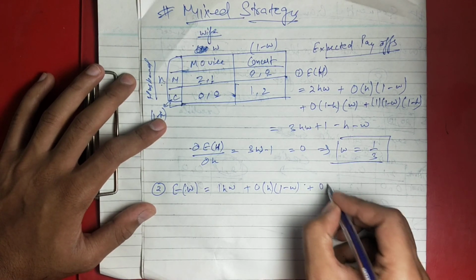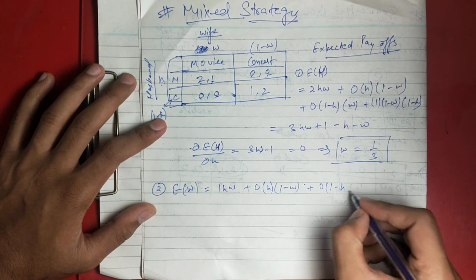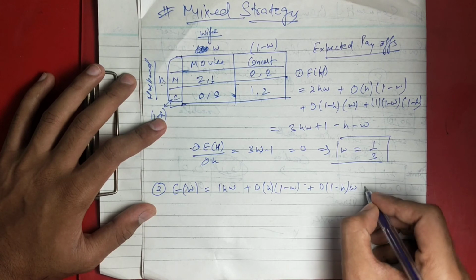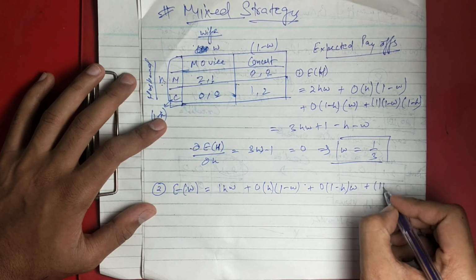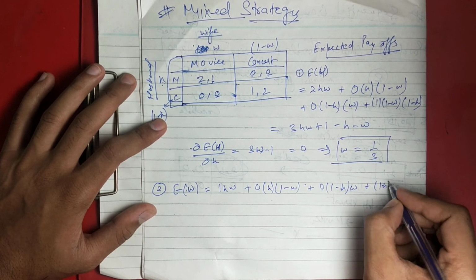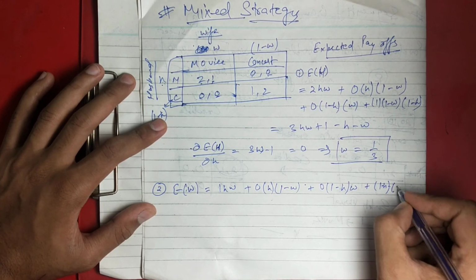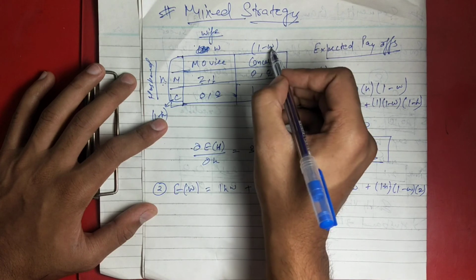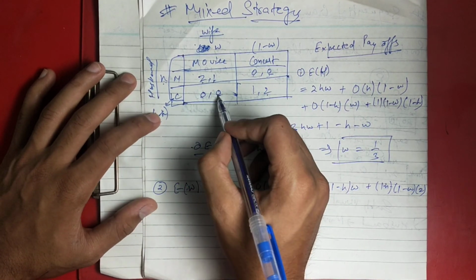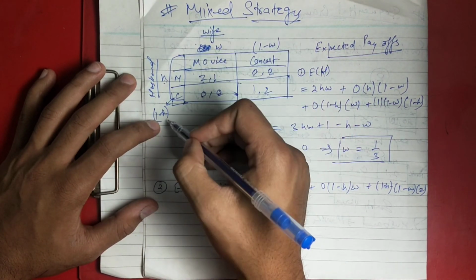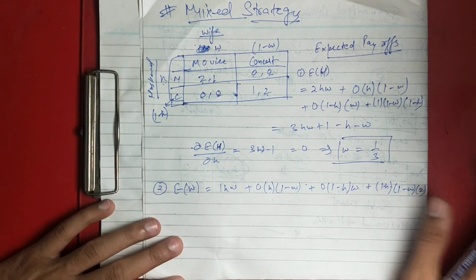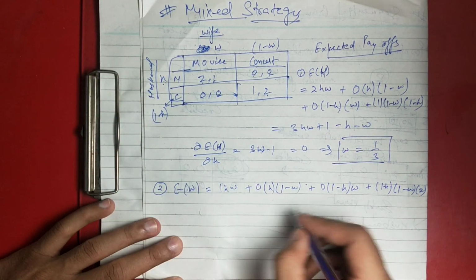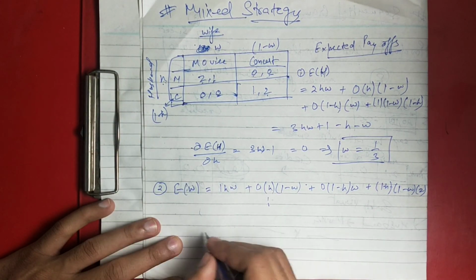Plus 0 into 1 minus H into W, plus 1 minus H into 1 minus W into 2, since here it is 2 into 1 minus W into 1 minus H. Similarly 0 into W into 1 minus H.